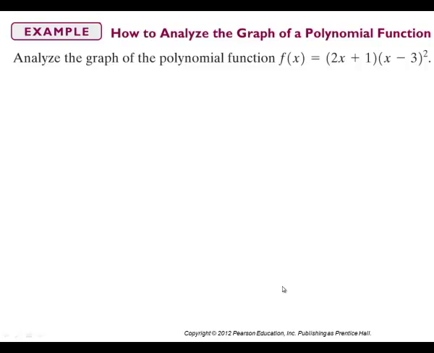If you set 2x plus 1 equal to 0, you get x equals negative 1/2. The line is going to go through negative 1/2. But here you set x minus 3 equal to 0, and you get x equals 3, so you have a 0 at 3. But because that has an even multiplicity, it's going to touch it and then go back in the same direction.